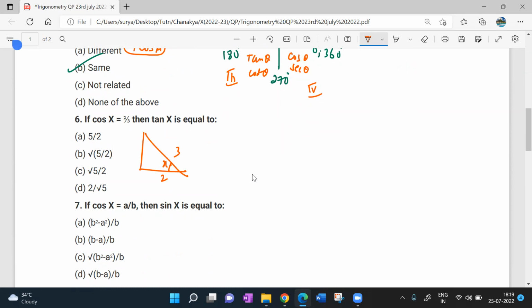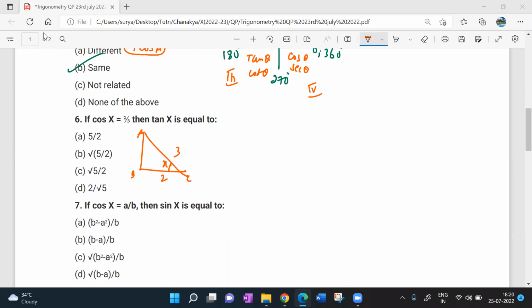Let's say this is A and this is B. Look at this here.